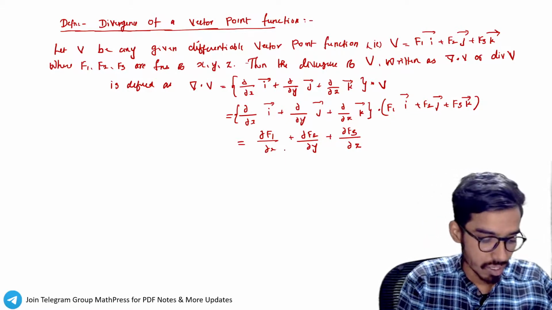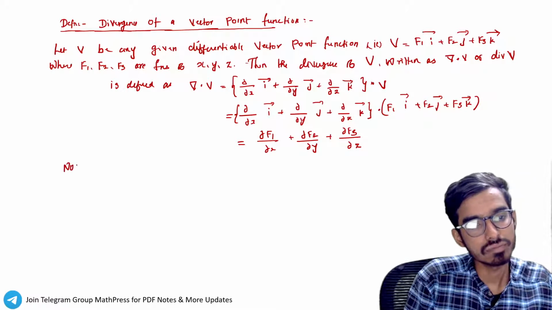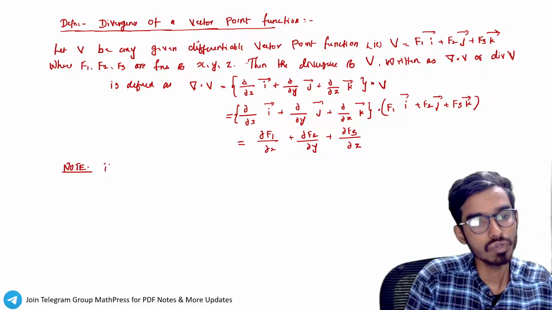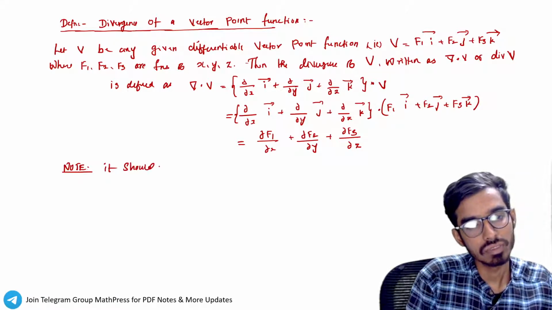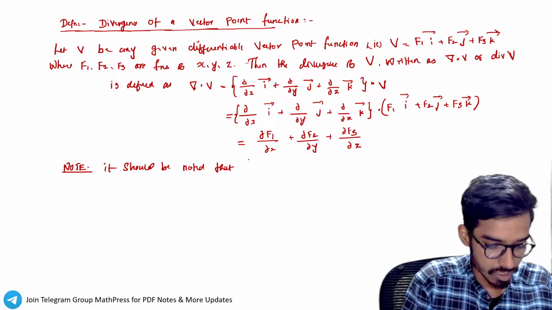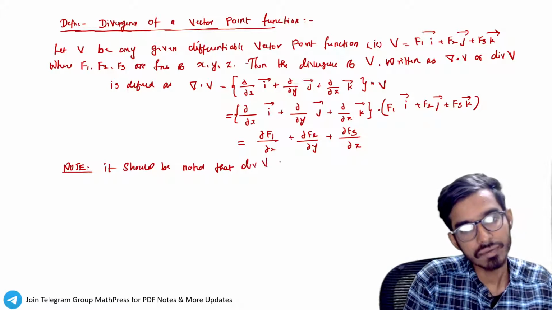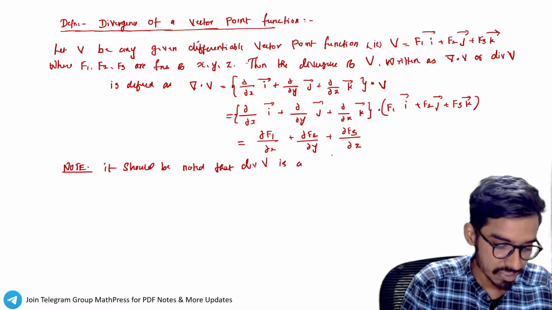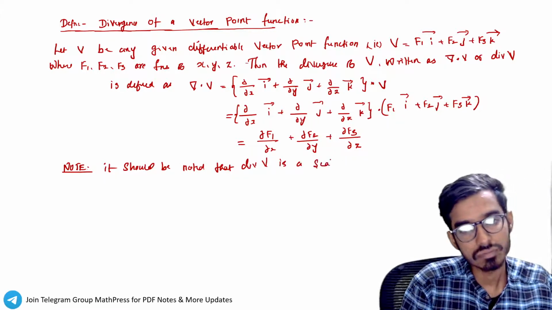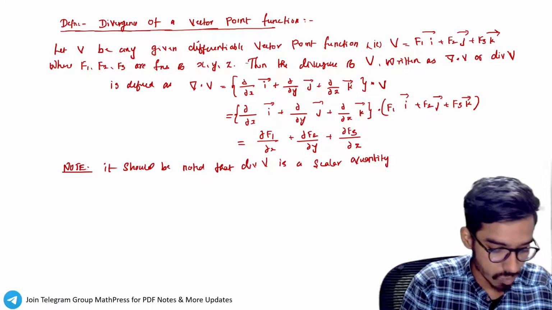So therefore, it should be noted that the divergence of b is a scalar quantity.